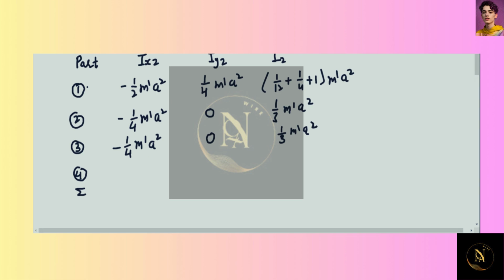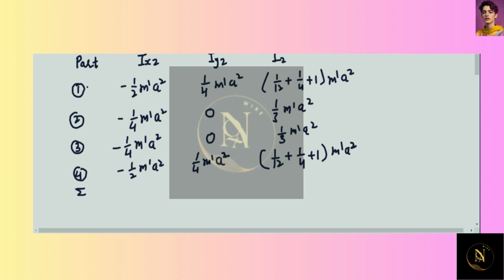Of the fourth part, it is minus half of m dash a square, 1 by 4 of m dash a square, and (1 by 12 plus 1 by 4 plus 1) m dash a square.